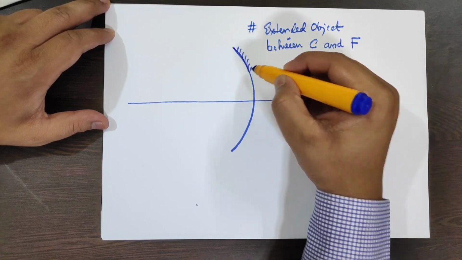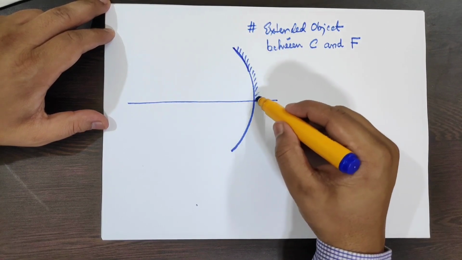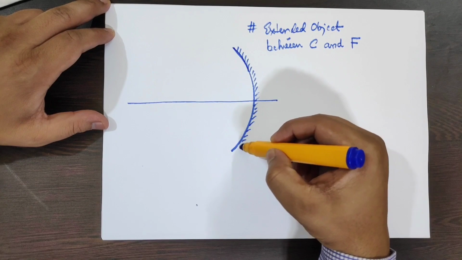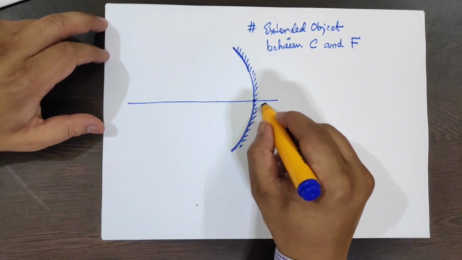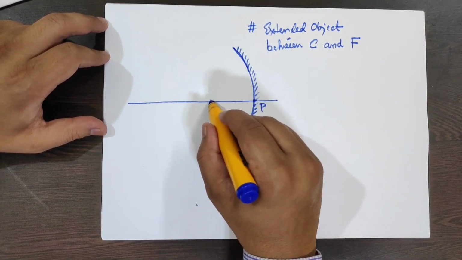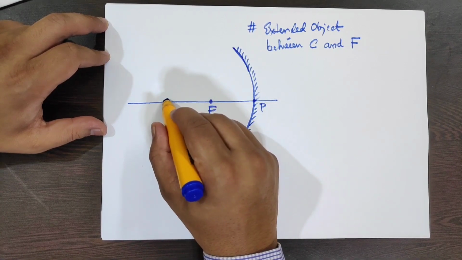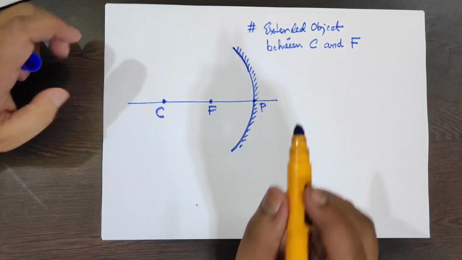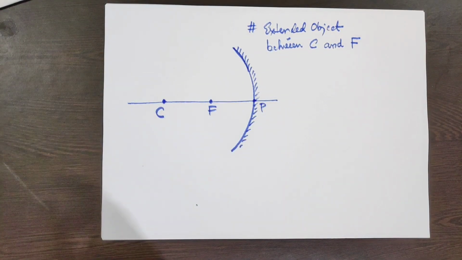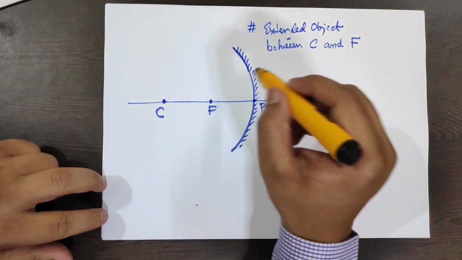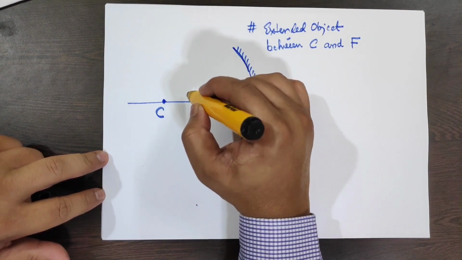Concave mirror, silvered side. This is pole P, F, C, and the object will be here. It will be between F and C. So here.